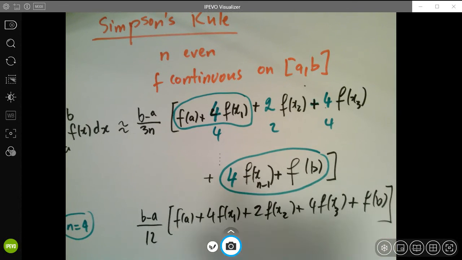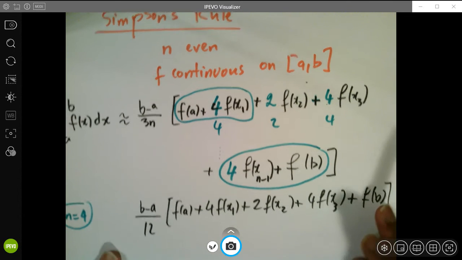Let's say you have sine, from 0 to pi, the same as we did previously.